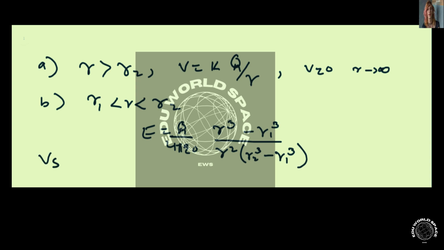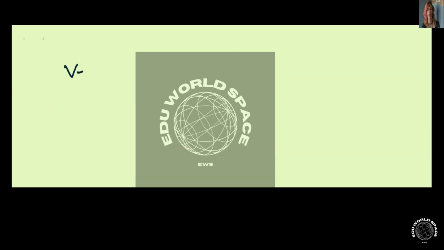If Vs is the electric potential at the outer surface of the shell, where R is equal to R2, then the potential at the distance R from the center is given by V is equal to Vs minus the integral from R2 to R of E dr.